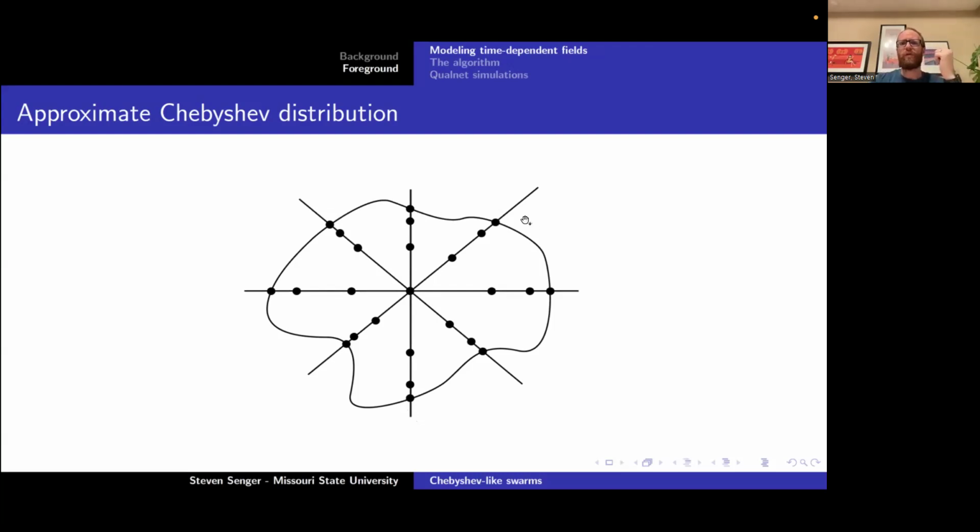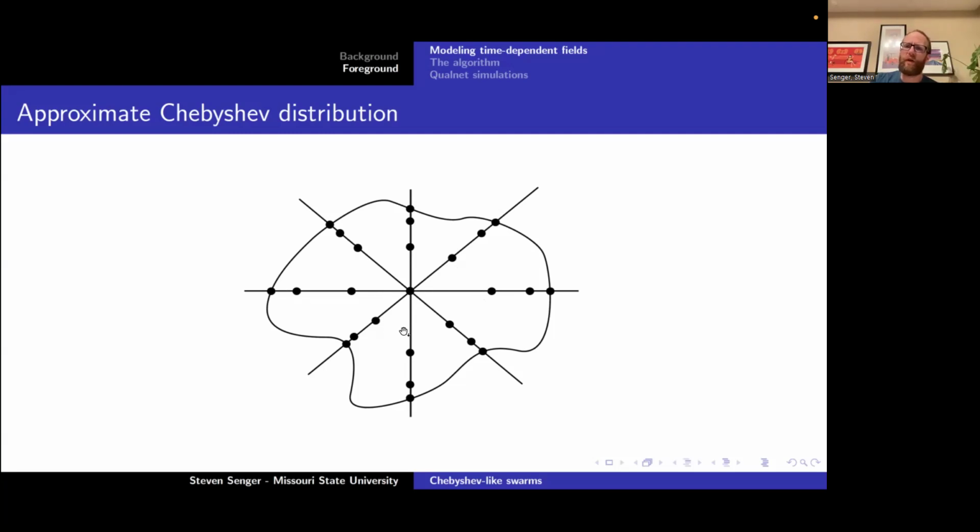So if you cover up the top and the bottom and just look along this horizontal line, these are hopefully distributed somewhat like the zeros of the appropriate Chebyshev polynomial. It's not exactly symmetric, this one's a little closer to the center than that one, but at least in general, near the boundary, robots are closer together, and near the center, they're hopefully not as close.